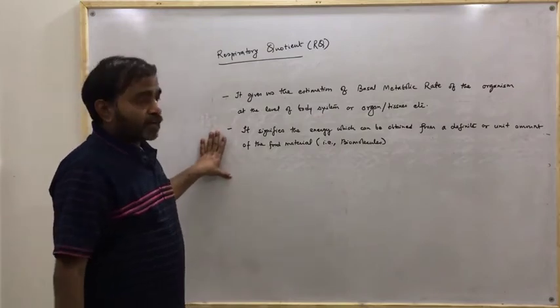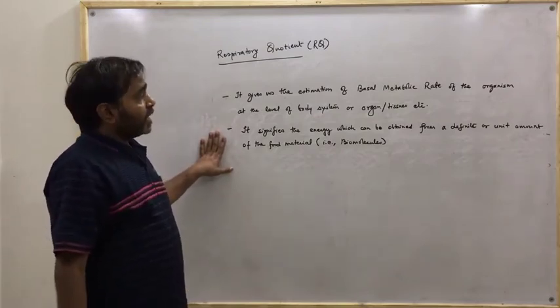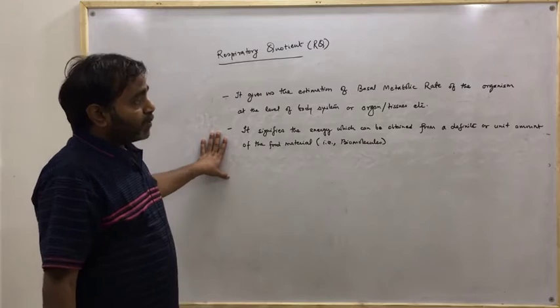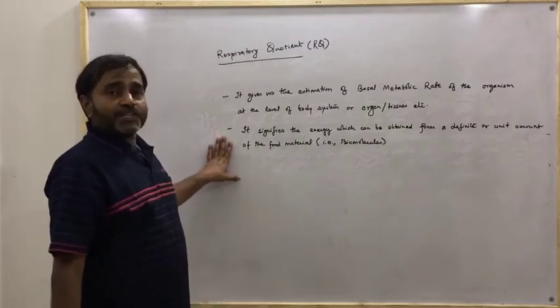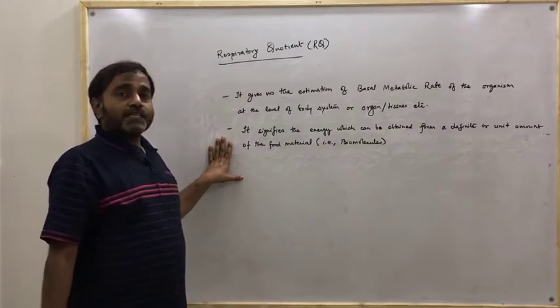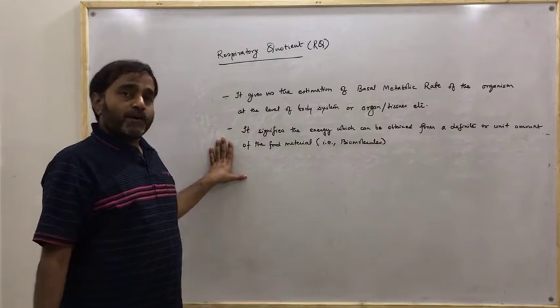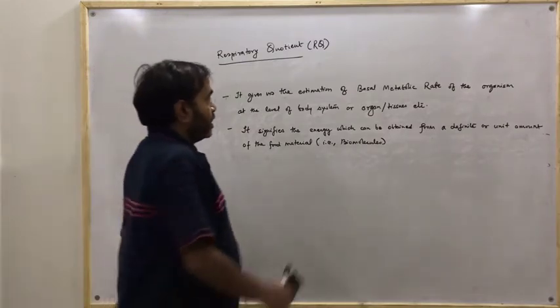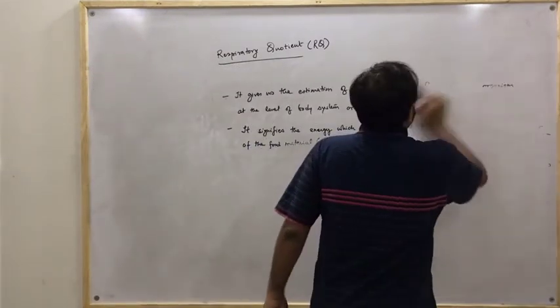It is essential to understand the different types of biomolecules and their estimation in terms of energy, that is, how much energy they will produce when metabolized in our body. So this is important.